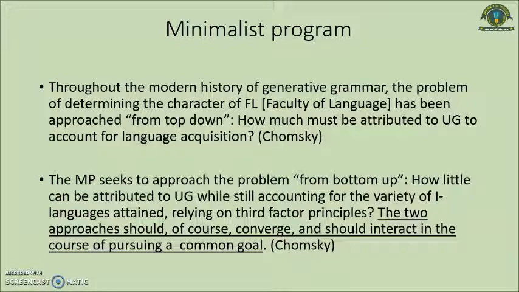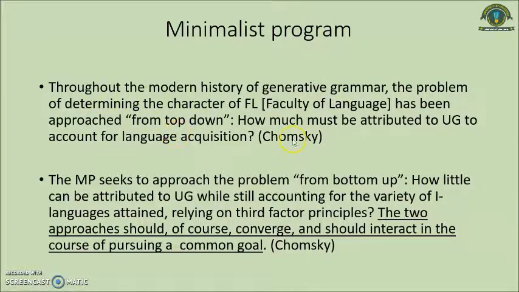The structures, components, parts. So we start from the bottom and we narrow down things and then we come up with the bigger picture. So universal grammar starts from the bigger picture and then narrows it down, whereas the minimalist program tries to narrow down things and then approach the bigger picture.